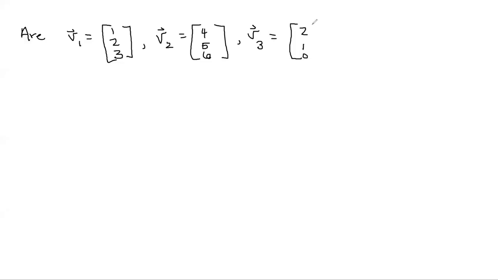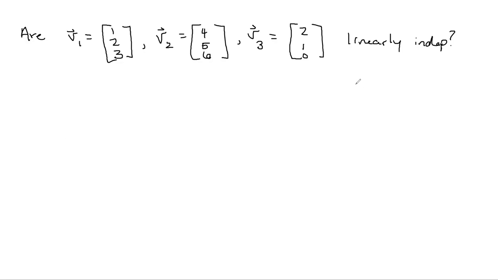We want to know, are these linearly independent? What that's actually asking is, if we set this as a homogeneous system, is there only the trivial solution, or is there a free variable that will give us a non-trivial solution?